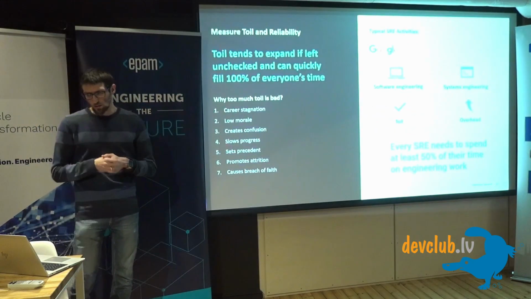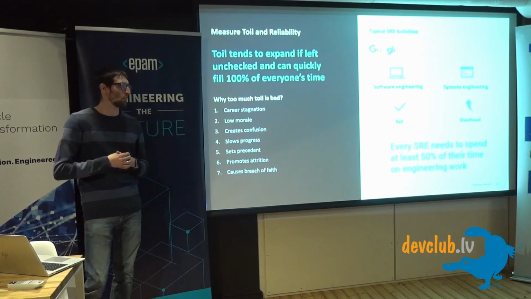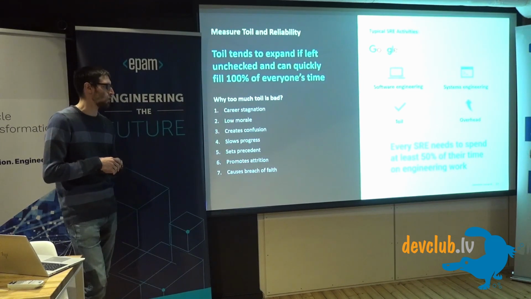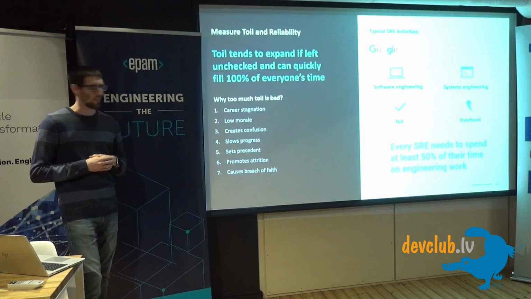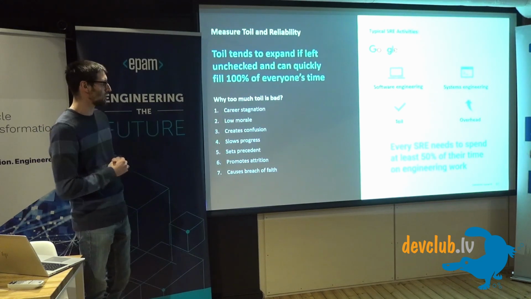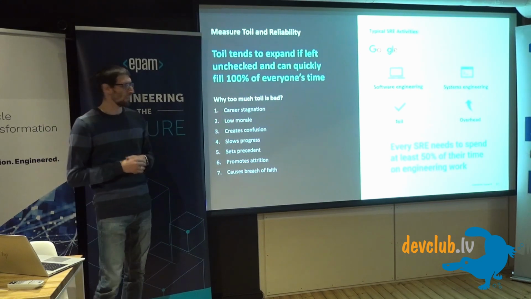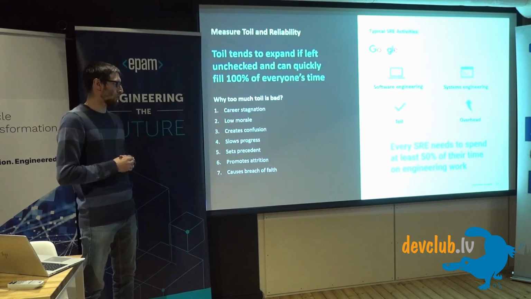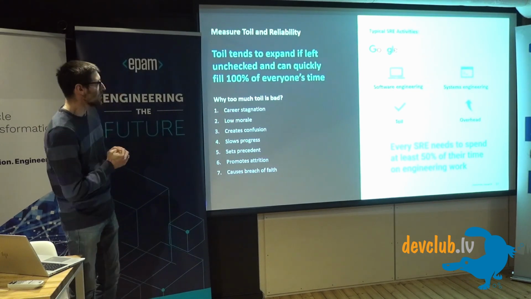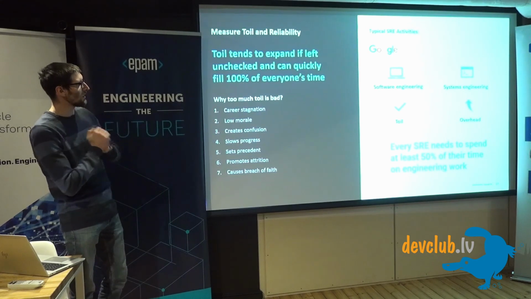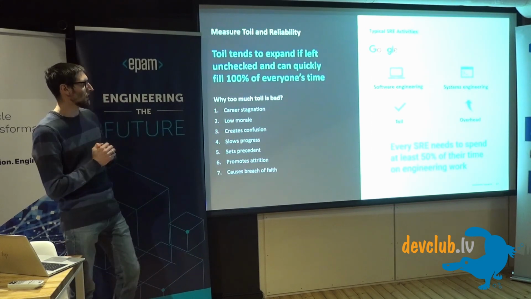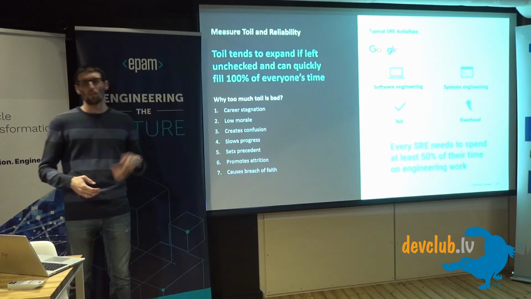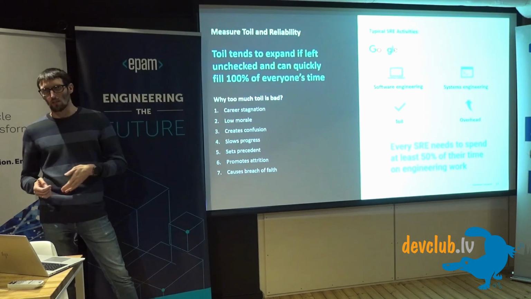And additionally, of course, it can be bad because you, as an engineer, I believe, are ready for more interesting tasks, right? You're definitely interested in doing some interesting things, and not some manual job. And again, the most important thing here is that by reducing toil, at the same time we are reducing possible human errors.